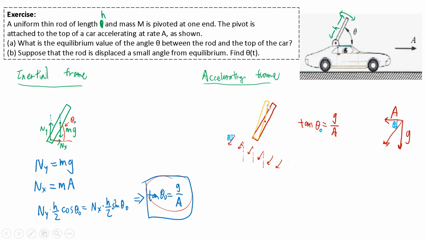I want to find out the behavior of this rod as a function of time. Intuitively, if you look at this picture, you know what would happen. It's like you are trying to have this pen vertically standing up on the table, but now you put it to the side a little bit, and of course it will just fall down completely on the table. That's qualitatively what is going on.